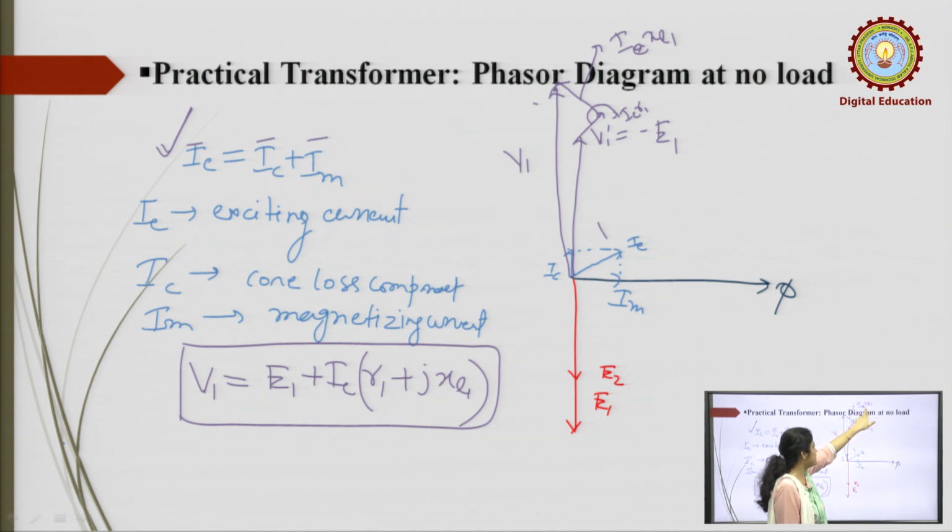Voltage always leads the current by 90 degrees, that is why it is 90 degrees. So, the sum of E1, IR1, IXL1 gives you V1. So, this is the phasor diagram of a practical transformer at no load.